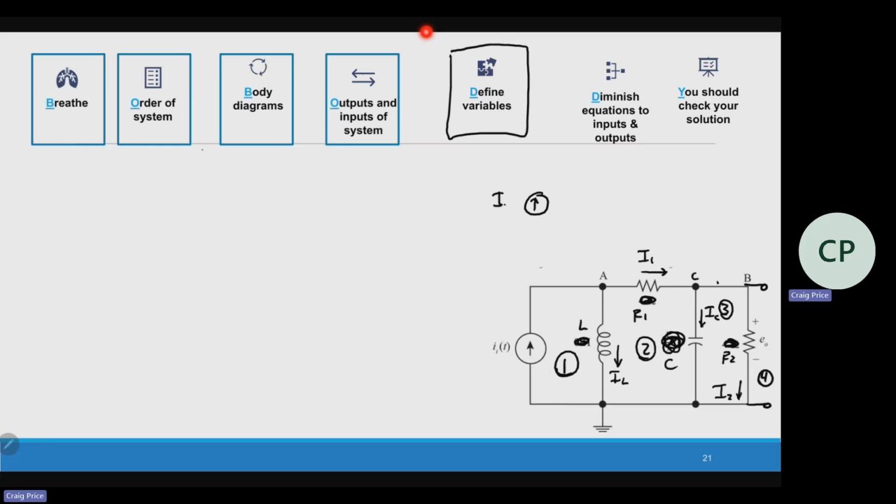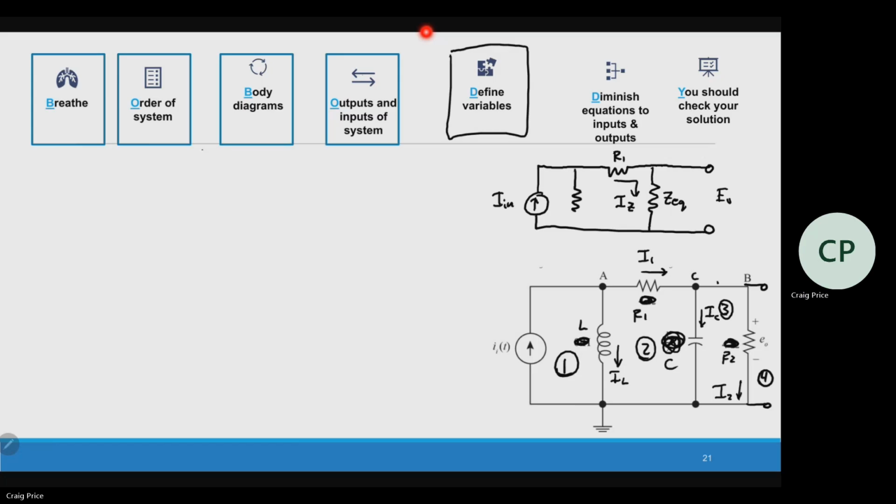Here's IN. Here's the equivalent. Here's R1. This is IZ. So there's my graphic right there.